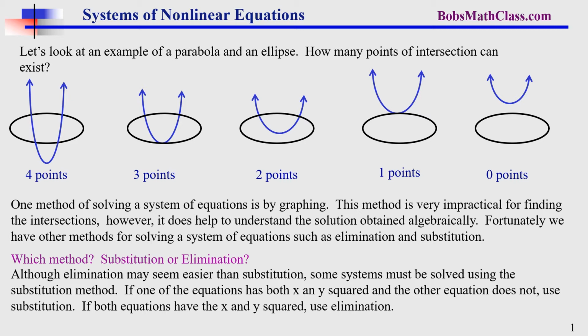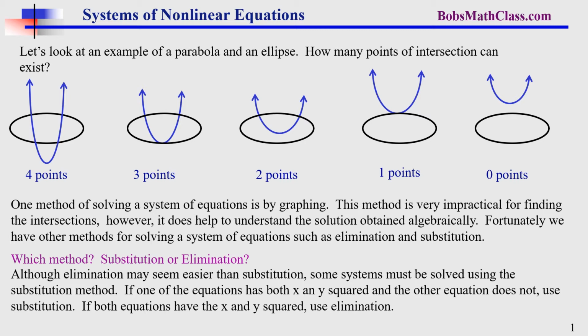If one of them has an x and y that's not squared, and the other one has both variables that are squared, then we will have to use substitution. Now, if one of the equations has a variable that's squared and one that's not squared, then usually you have a choice. You could probably use substitution or elimination.